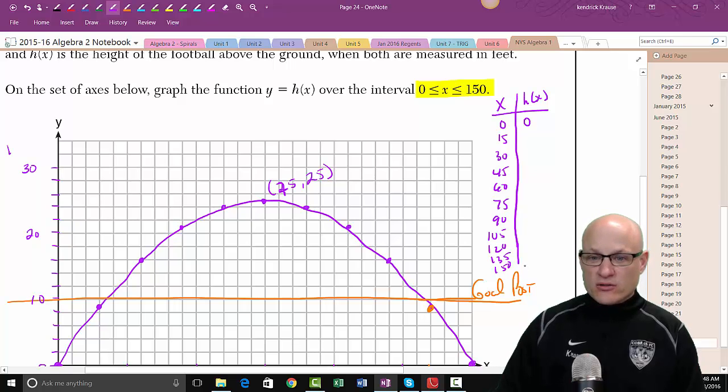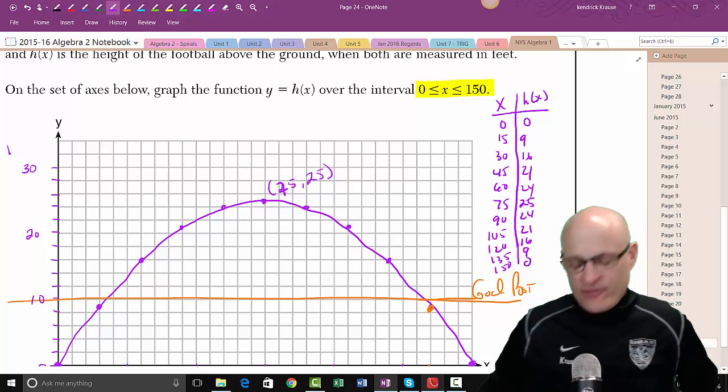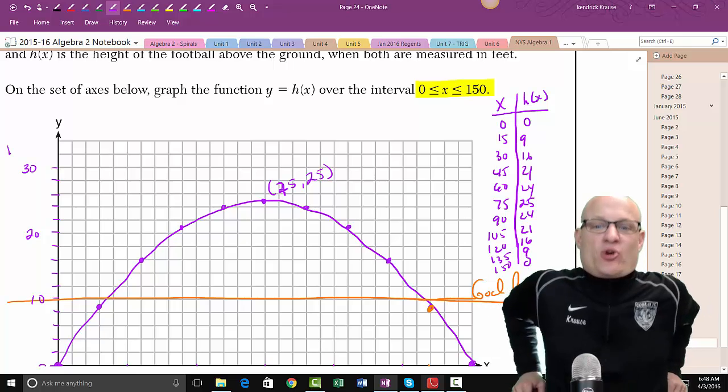And this was 0 and 0, 9 and 9, 16 and 16, 21 and 21, 24 and 24, and 25. Those are numbers I got off the table. So you really should give the grader your work from your calculator to show what you graphed.